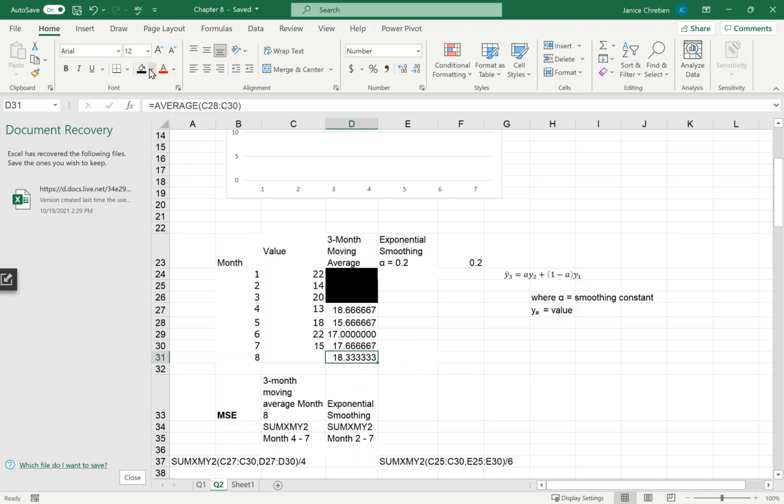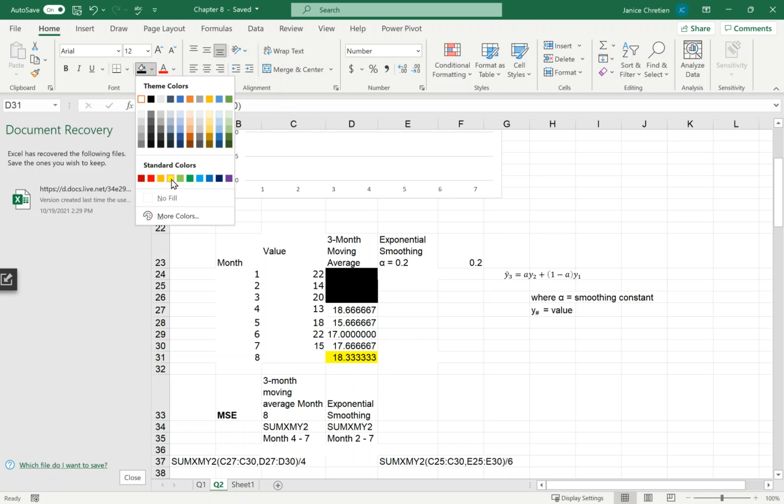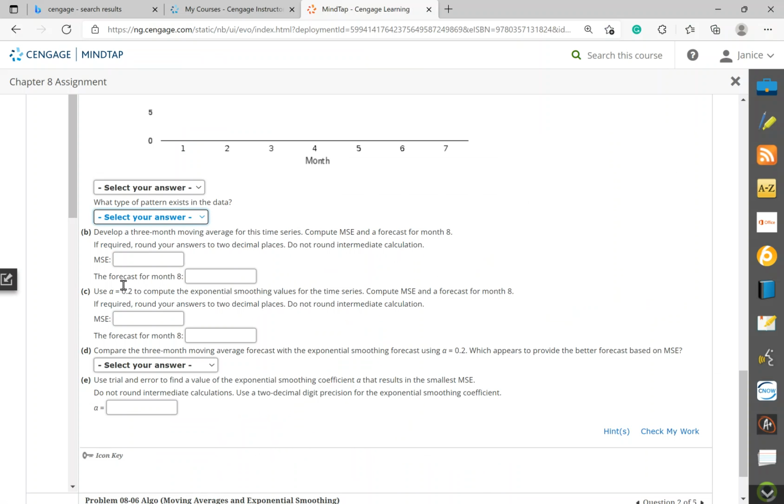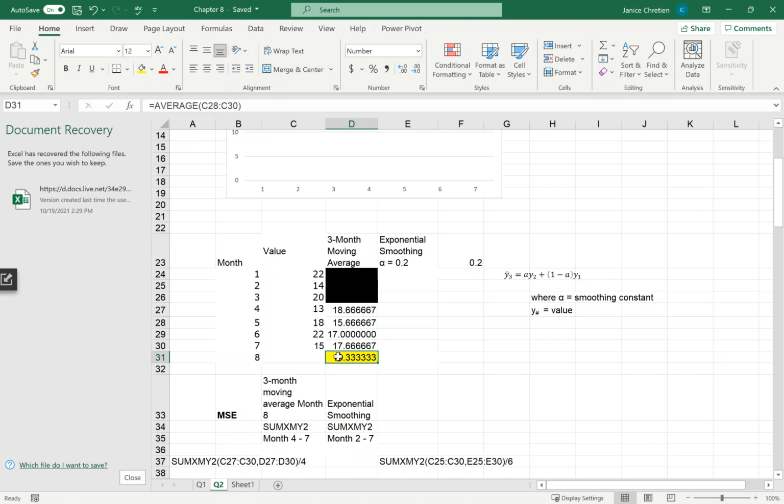I'm going to highlight that because that is going to be one of our answers when we go on to MindTap. See, because it said the forecast for month 8 is going to be that amount right there. That's our forecast. It wants it to 2 spaces. So for me, it's 1833. It'll probably be a different number for you.